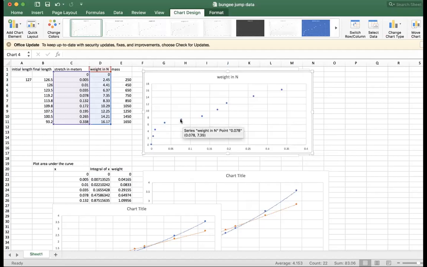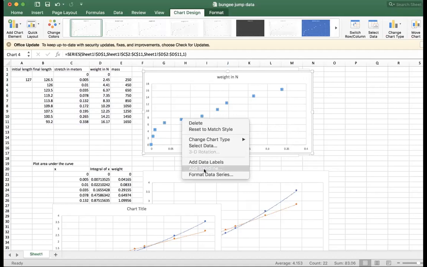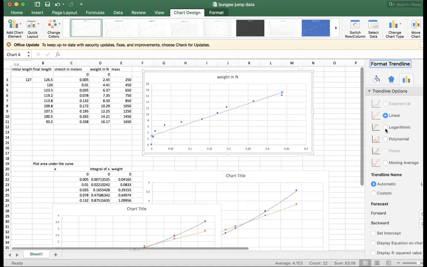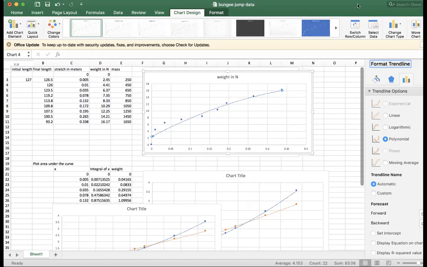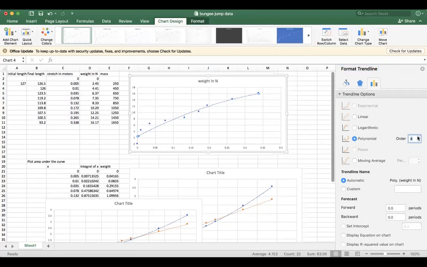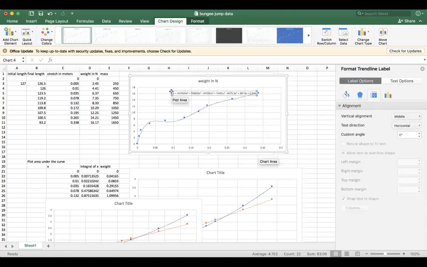Then highlight the graph, and you want to add a line. You choose the polynomial fit and make the order 6. We choose 6 because that seems to give us the best fit. Then make sure you have the equation displayed on the graph.